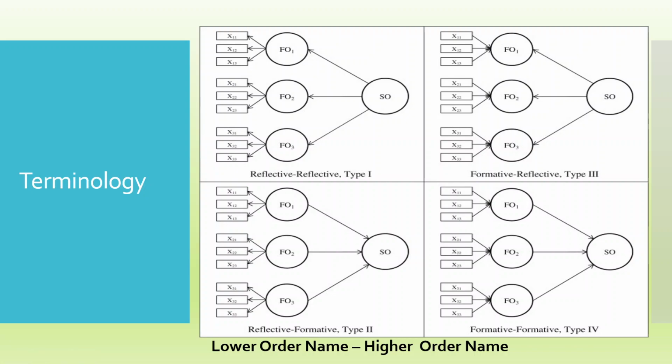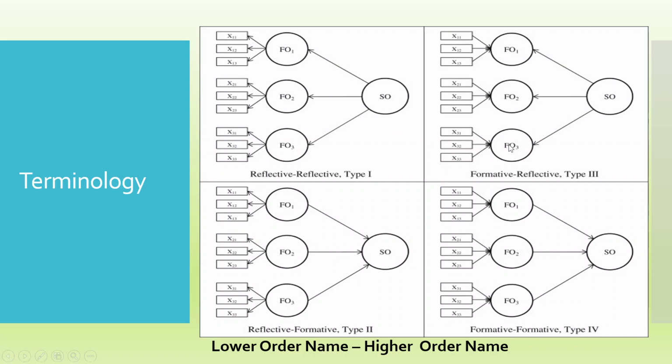I request all my viewers to kindly refer to my playlist in which I've already discussed this type of model. The second model is where in lower order, arrows are moving out, it's reflective, but in higher order, arrows are moving inside, and therefore it's a formative type 2. This model also I have discussed in my previous video.